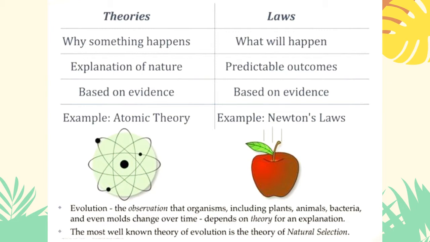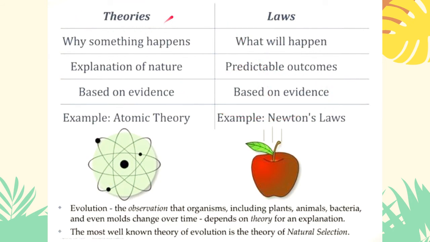Another would be the laws of inheritance by Gregor Mendel. It can predict the genotypic and phenotypic ratio of the offspring if you have the genotypes of the parents. It can predict the appearance of the offspring if you have data about the parents. So it will predict what will happen based on established evidences.